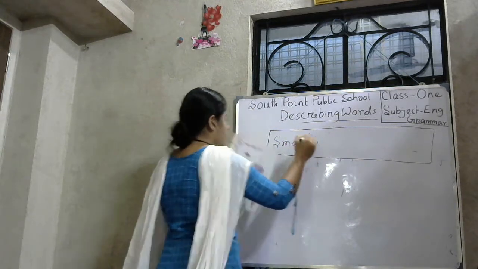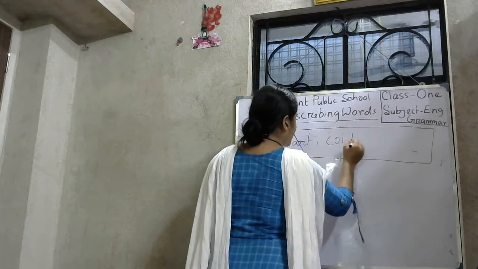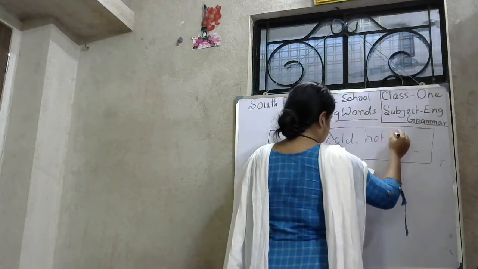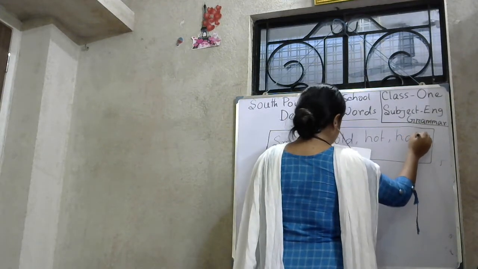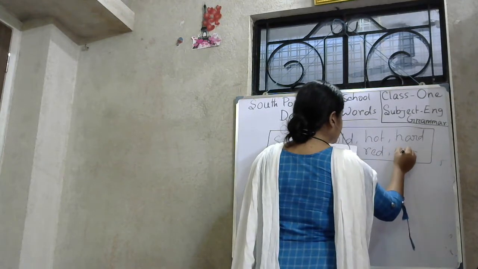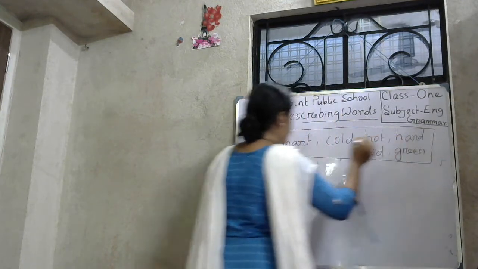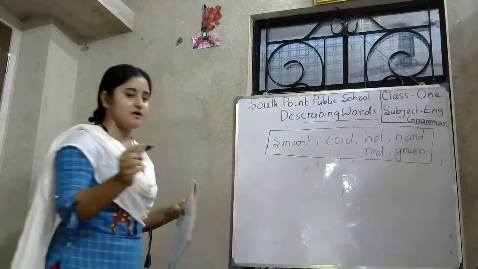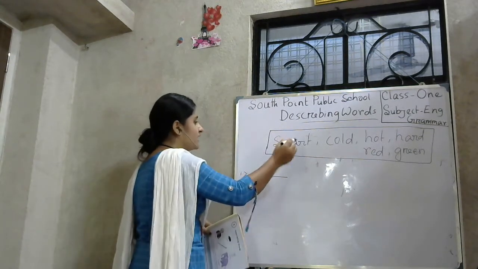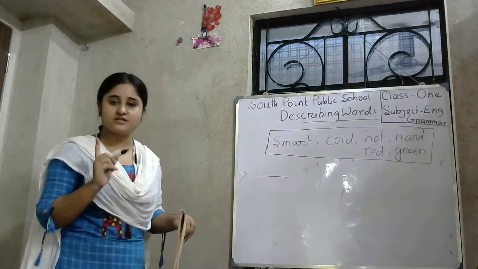Cold, C-O-L-D. Hot. Hard. Red. And green. Now student, I am writing some nouns with blanks. You have to put the correct describing words with these nouns.